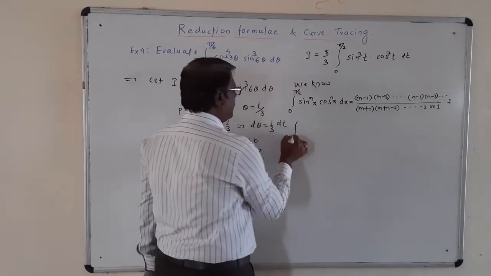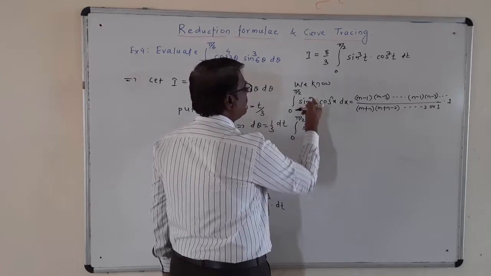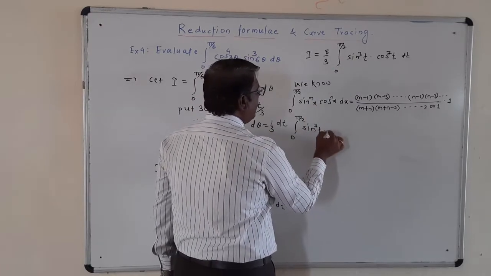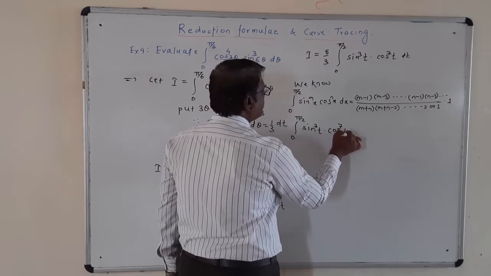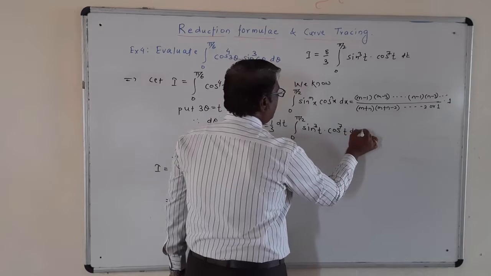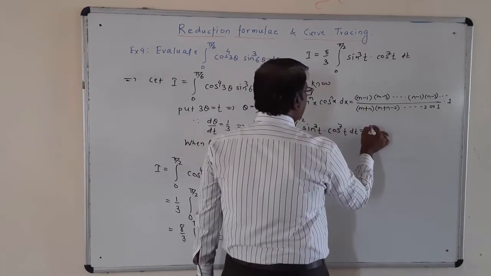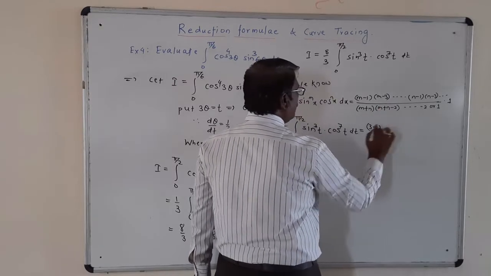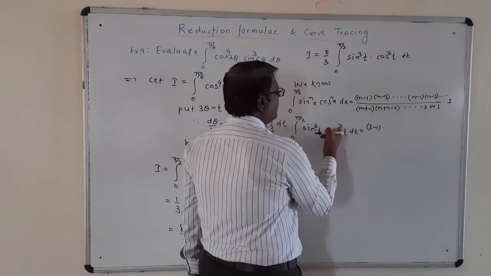So integration 0 to pi by 2 sin raised to the value of m, here it is 3, t, into the value of n, it is 7, so cos raised to 7t dt is equal to m minus 1, it is 3 minus 1, and then 3 minus 3 will be 0, so we have to stop here itself, into the value of n is 7.